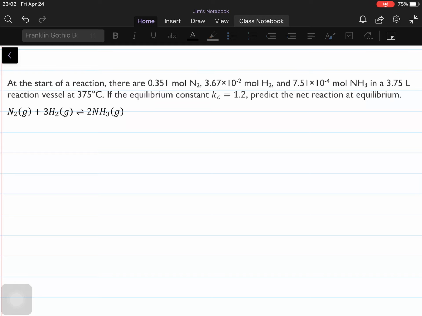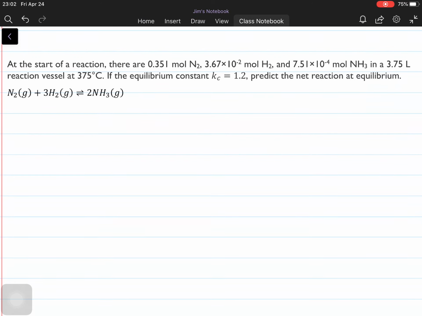Okay, so to predict the direction of the reaction, we are going to compare KC and QC. We're going to compare this by the reaction quotient. Since K is already given, we are going to solve for QC.